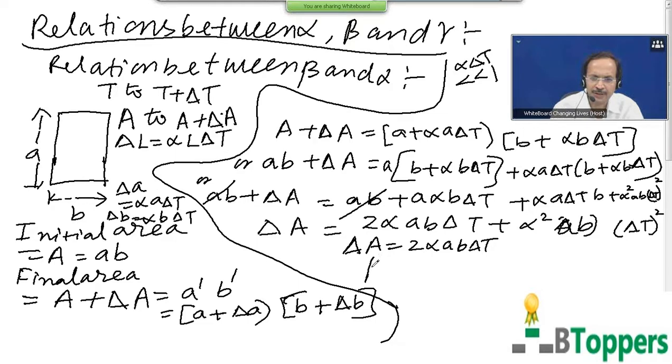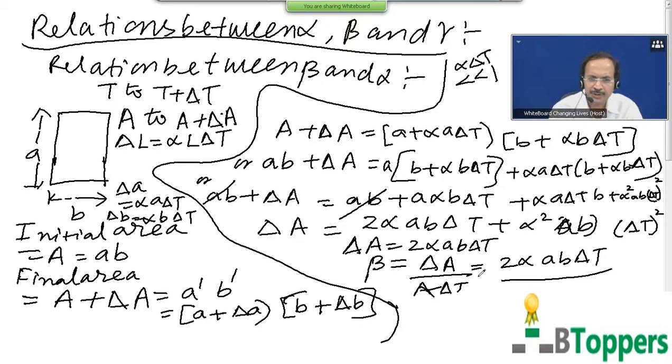From the definition, the average value of the coefficient of areal expansion beta is delta A by A into delta T. So delta A you can write as 2 alpha ab into delta T, and in original area A you can write a into b.